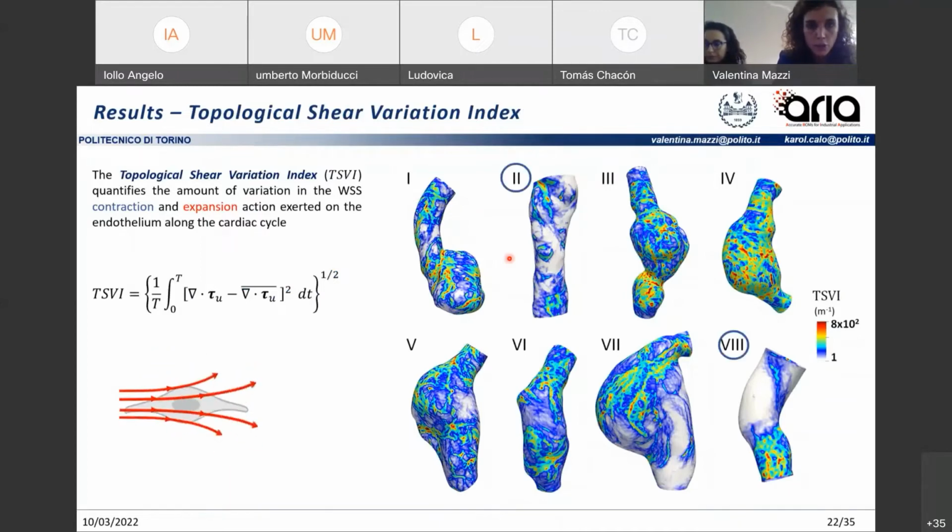Models 2 and 8, where probably the thrombus formation led to a physiological blood canalization, are characterized by a different TSVI distribution, with a large part of the model characterized by low TSVI values.